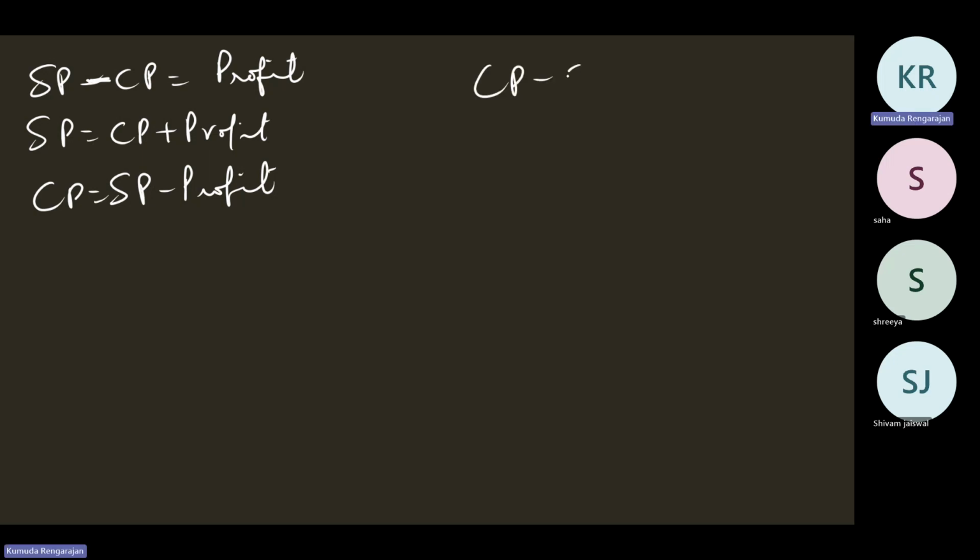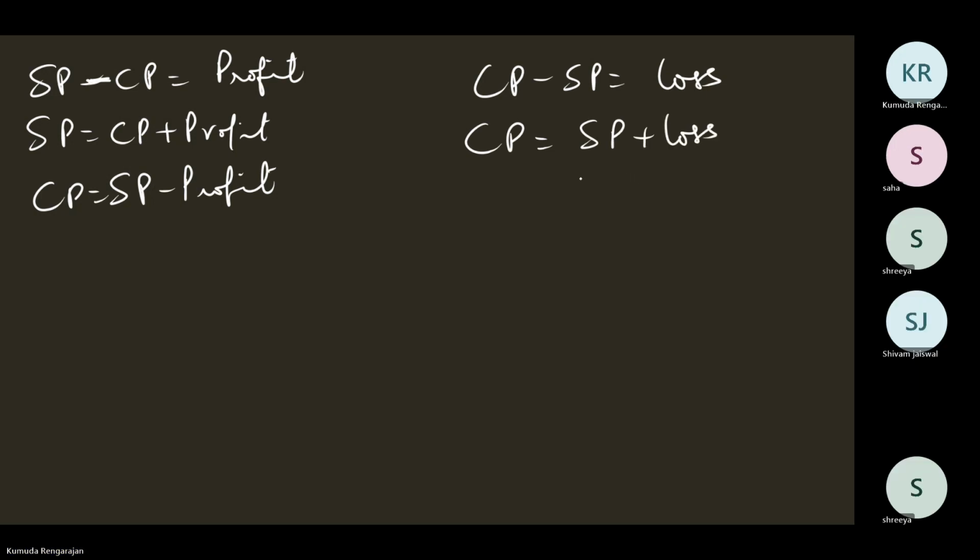Similarly, CP minus SP is equal to loss. So when you transpose, CP is equal to SP plus loss. Or if you want to find SP, take the SP to the other side. So SP is equal to CP minus loss.